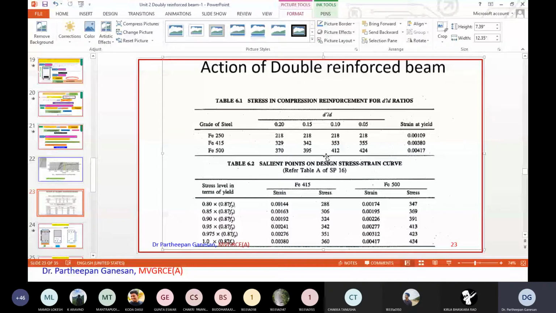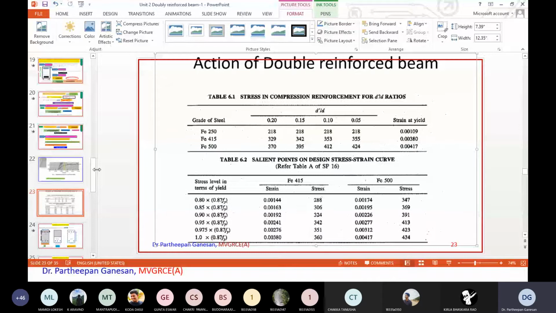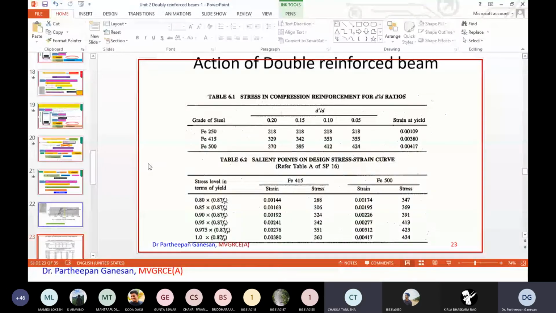For example, here also, what is the D dash value you have in this problem? How much was the D dash? 50, sir. 50, and the D was 550. Yeah, 550. So if you calculate, it is coming out to be 0.09 or something like that.